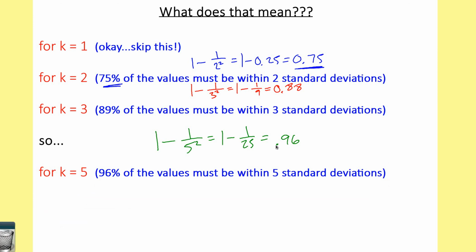That means 4% of our data should fall on the outsides. 96% doesn't seem that far off when you start thinking about things like that. But if I had something where it was 10 standard deviations, now we're getting a little extreme. Hope that's making a little more sense.